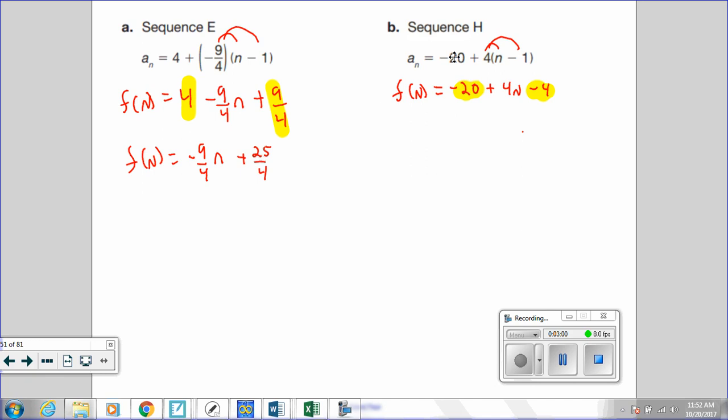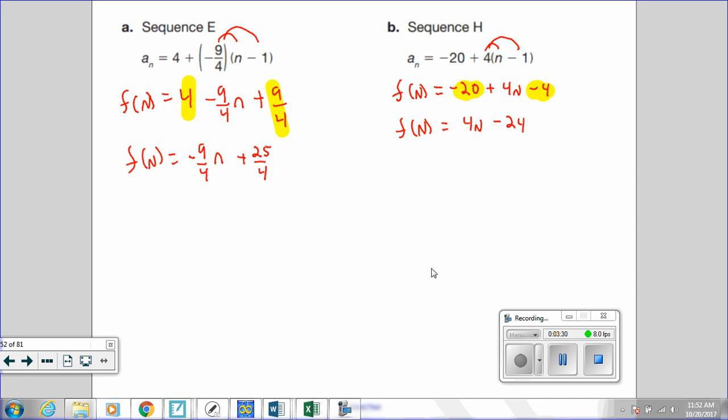So now we're going to bring down the negative 20 plus 4n minus 4. Our next step is to combine or add the constants, which are negative 20 plus negative 4. So now we've got 4n minus 24.